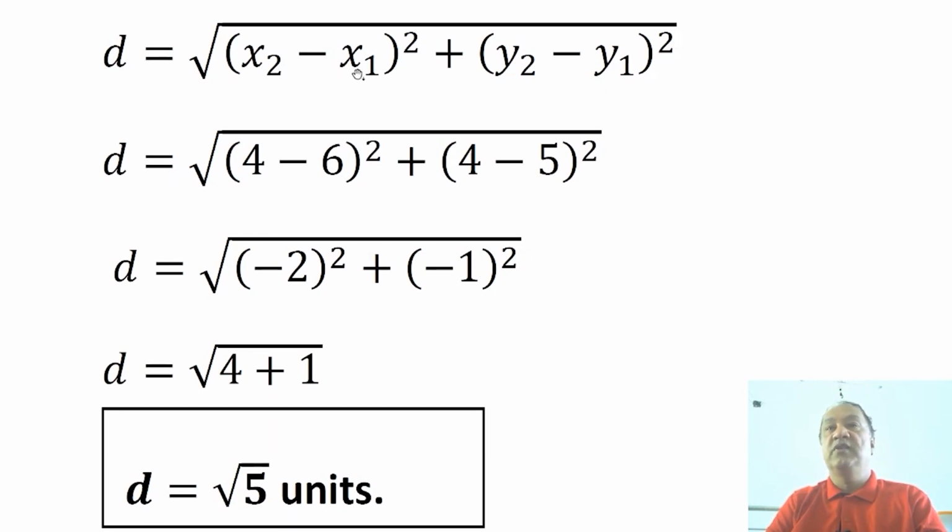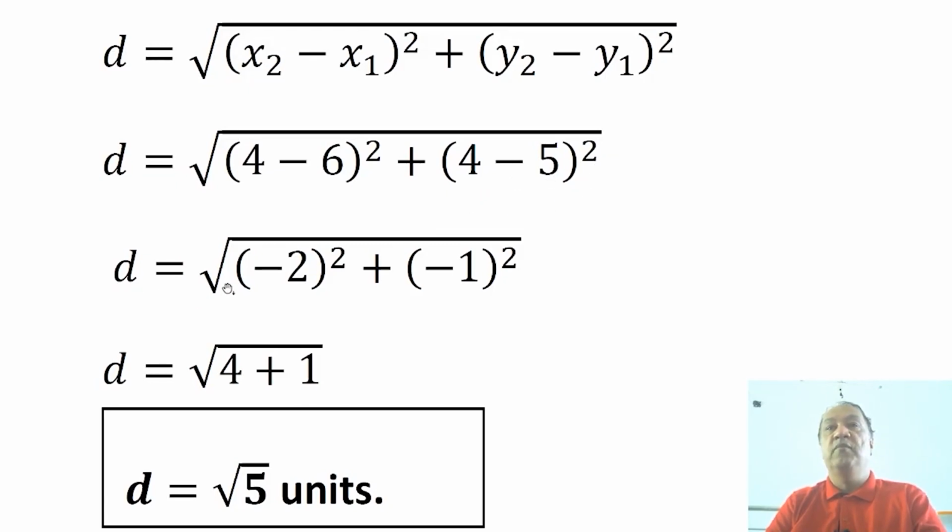The value of x1 is equal to 6, that is 4 minus 6 whole square, that is x2 minus x1 whole square, plus y2, the value of y2 is 4 and the value of y1 is equal to 5. So this is 4 minus 5 whole square.